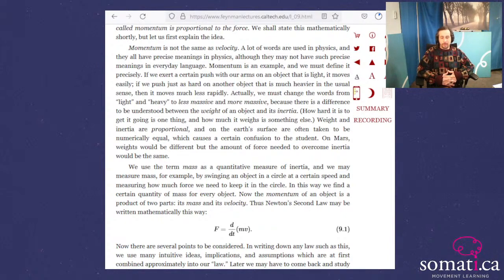And so here's the definition: momentum, product of mass and velocity. So there's Newton's second law, F equals the change of the product of mass times velocity.